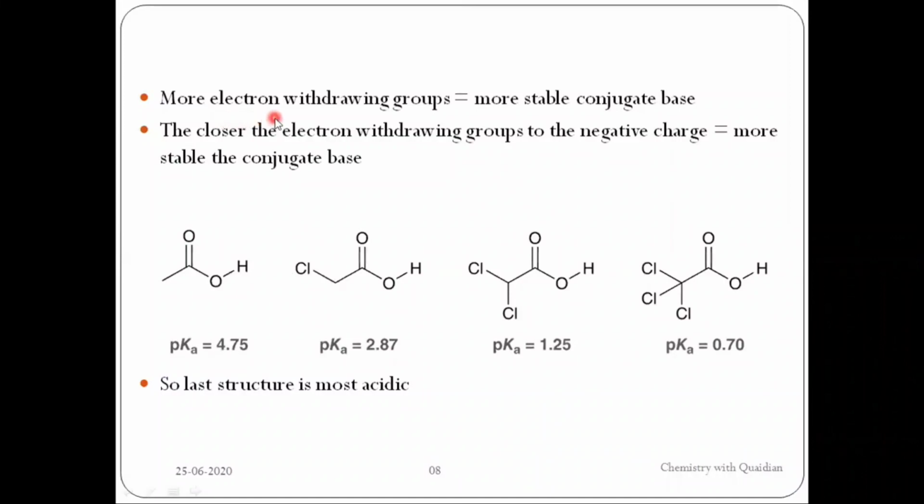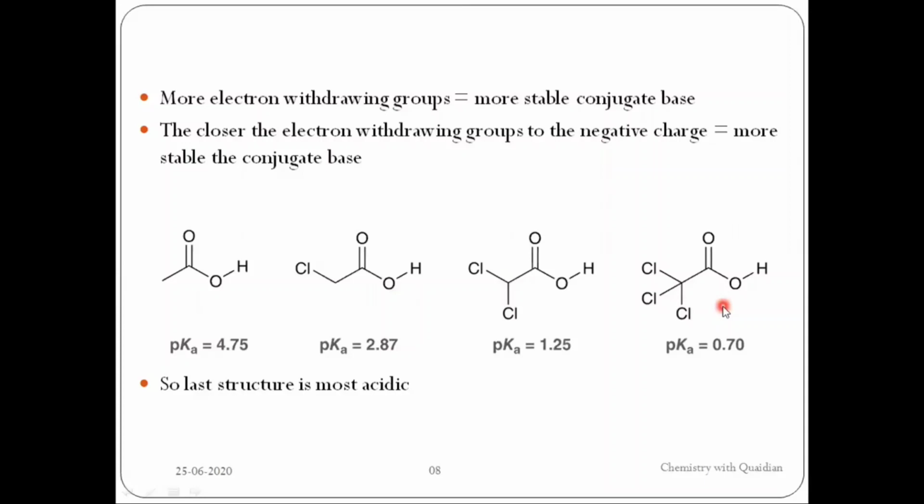You can say that the more electron withdrawing groups, the more stable the conjugate base. And another factor is that the closer the electron withdrawing group is to the negative charge, the more stable the conjugate base will be. Consider these 4 compounds: in the first compound there is no electron withdrawing group, in the second there is 1, in the third there are 2 chlorines, and in the last there are 3 electron withdrawing groups.